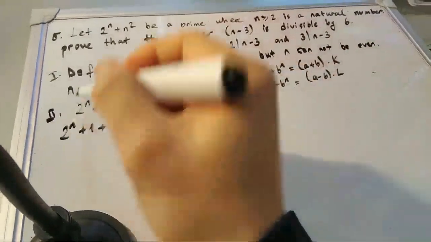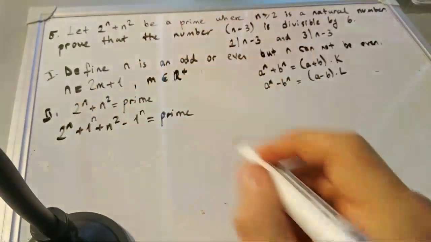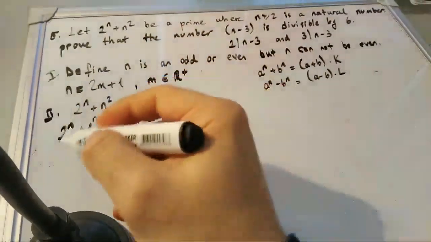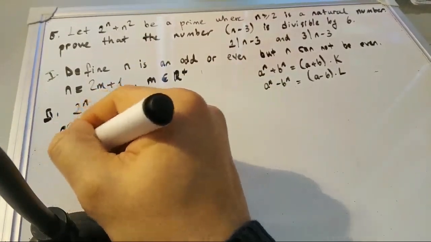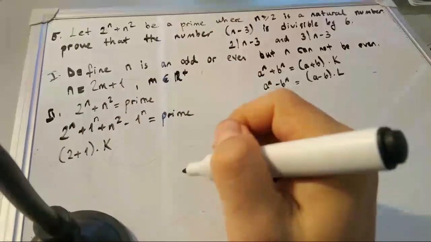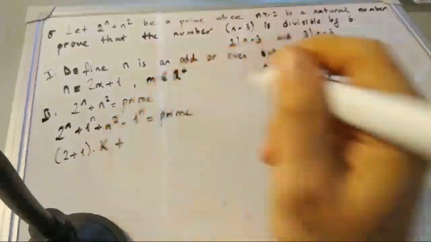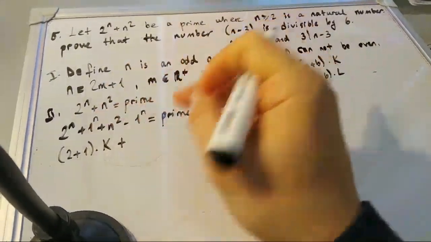So 2 to the power of n, instead of 1 we can write 1 to the power of n. 2 to the power of n plus 1 to the power of n is 2 plus 1 times k, plus n squared minus 1 to the power of n.